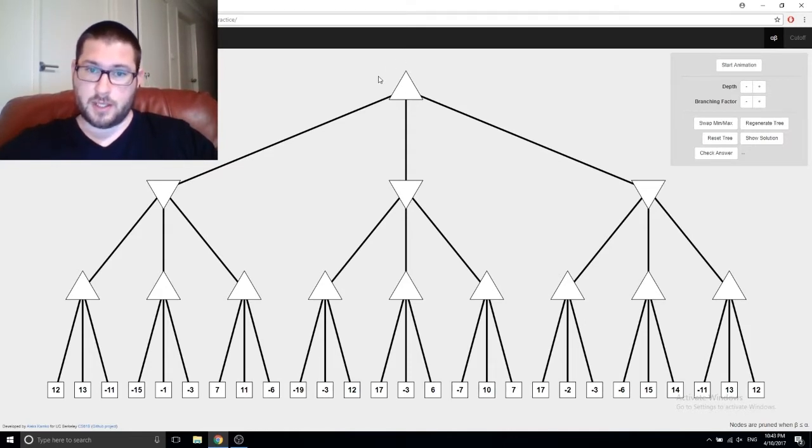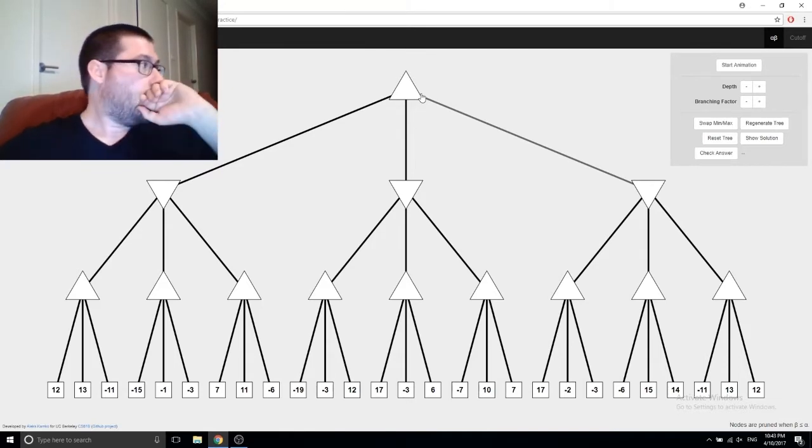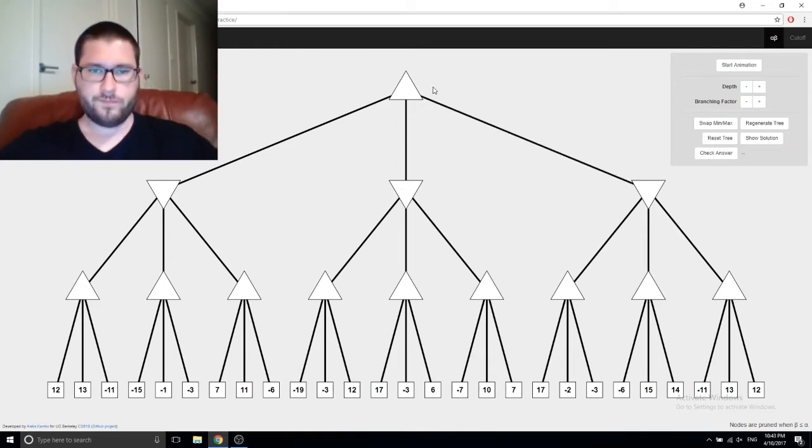So each of these states can be represented by a node, and in each of these states there'll be a certain person whose turn it is. And they will have a number of moves that they can make, and that number usually isn't the same from state to state.